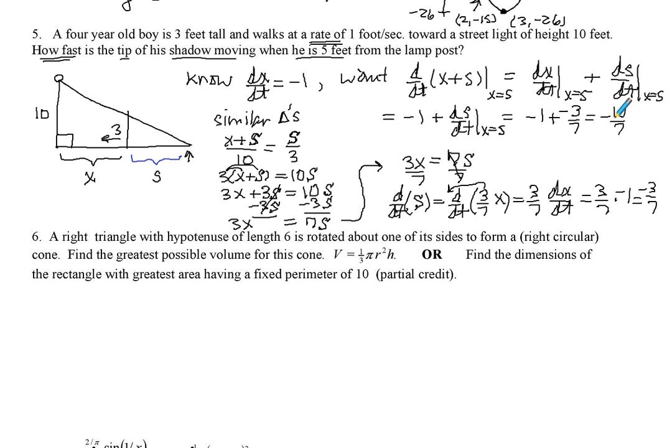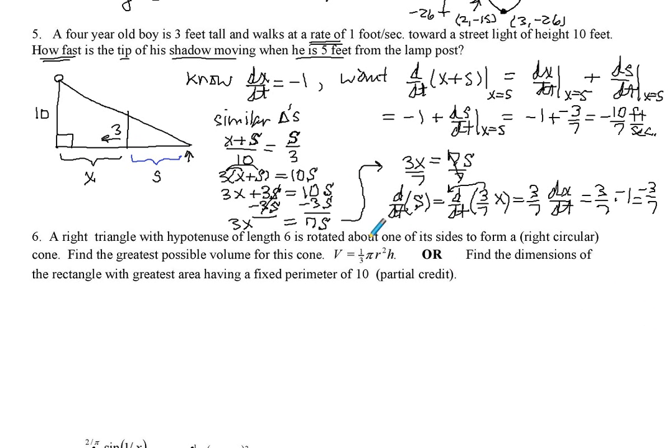And so that's going to be in feet per second, because our units here were feet per second. So the tip is moving at 10/7 feet per second, and it's decreasing because it's negative. So the length or the distance of the tip from the pole is decreasing.